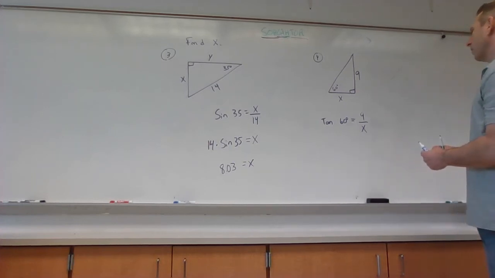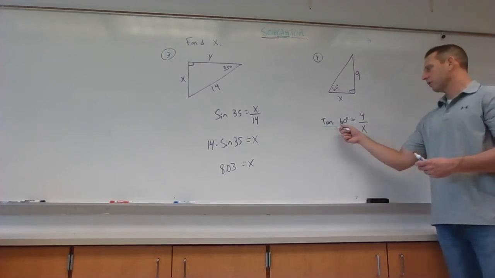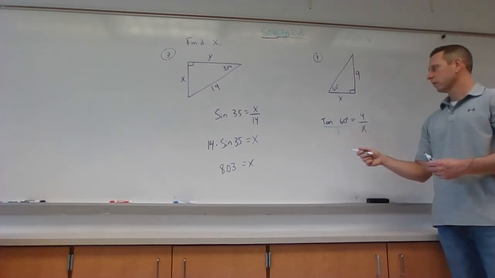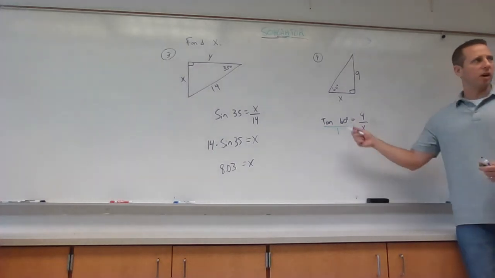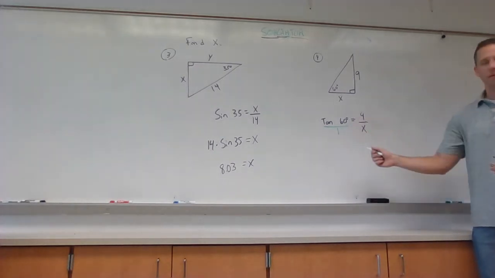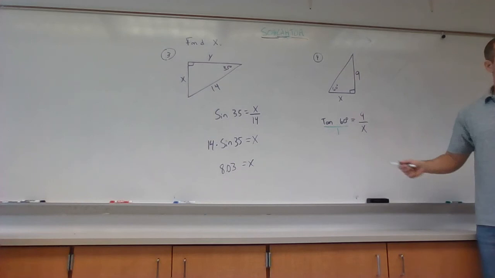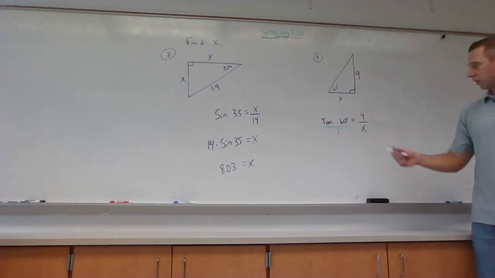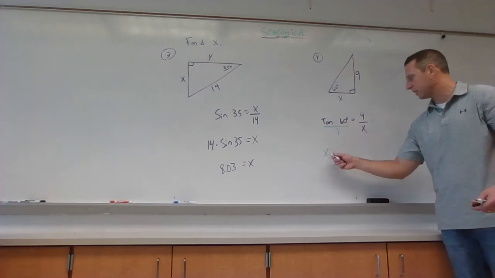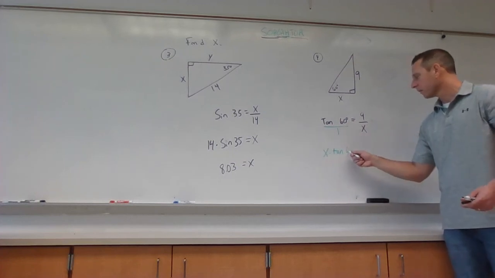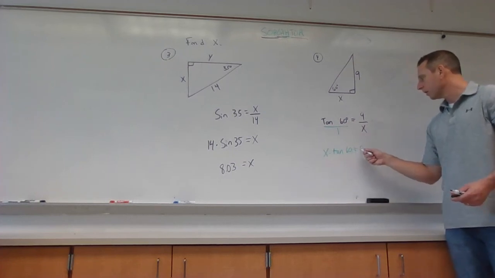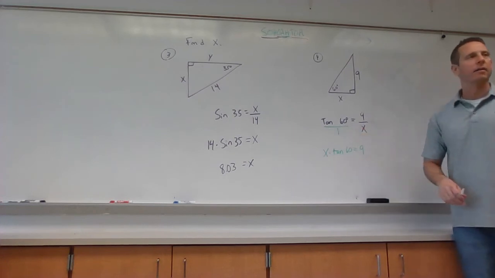I'm going to put this over 1. What is this called now, from 2 units ago? A fraction equal to another fraction? A proportion, and you cross multiply. So you do x times tangent 60 equals 9. 9 times 1 is 9.